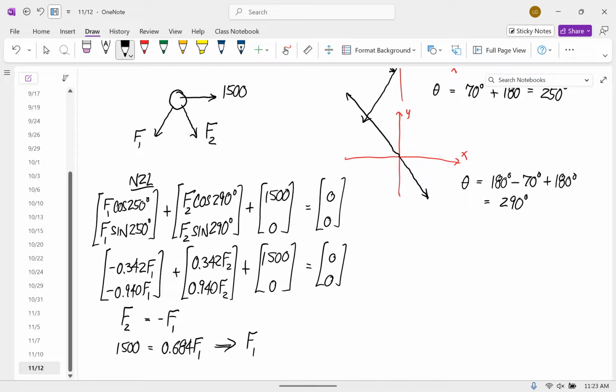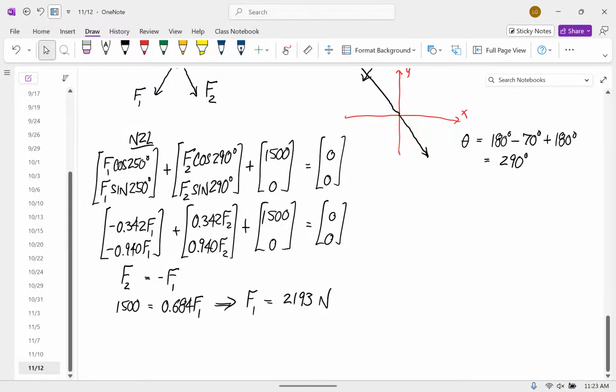And so F1 is 2192, it's basically 2193. And so F2 is negative 2193.